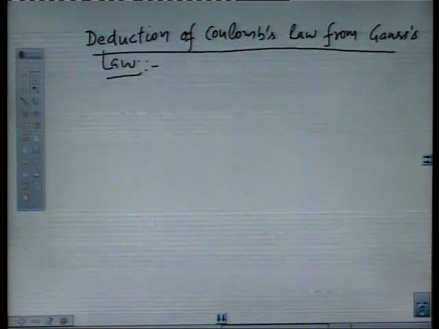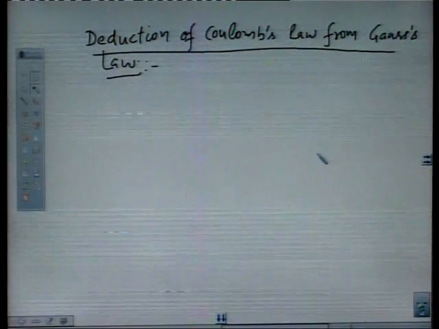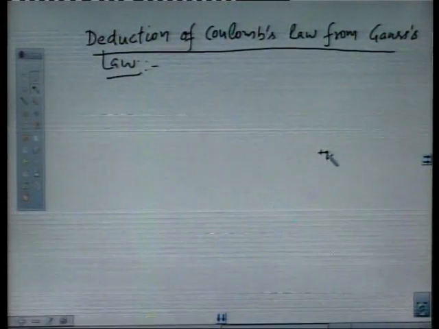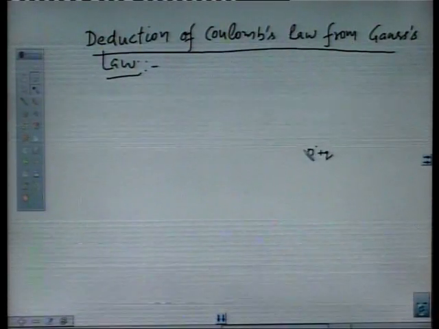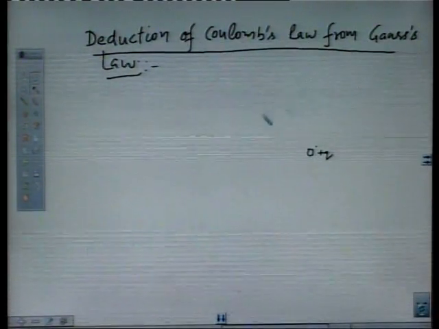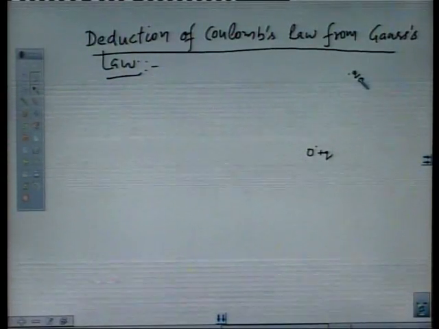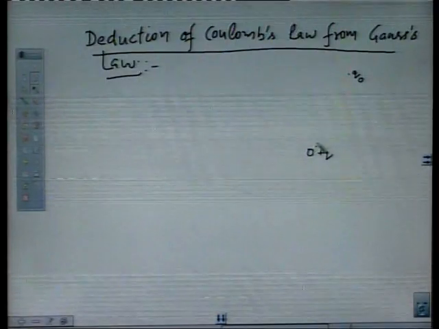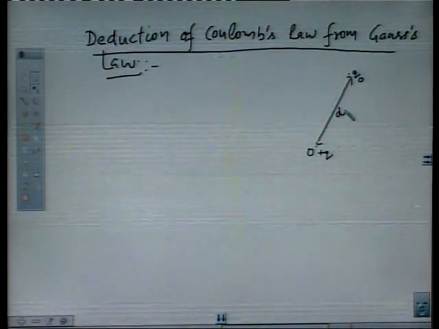So, to deduce Coulomb's law, let us suppose we have a point charge Q located at point O, and another point charge Q naught is situated at a distance d from this charge.